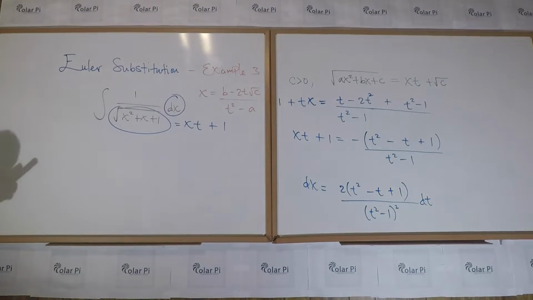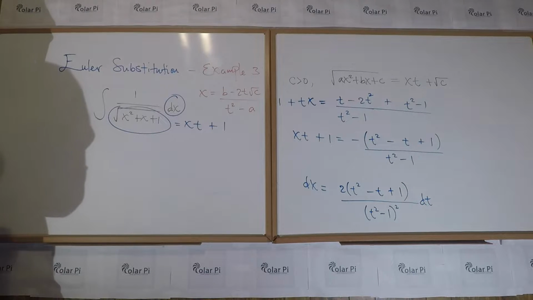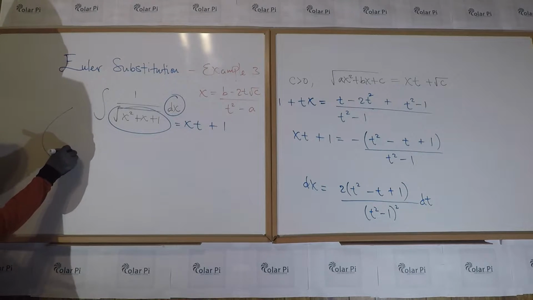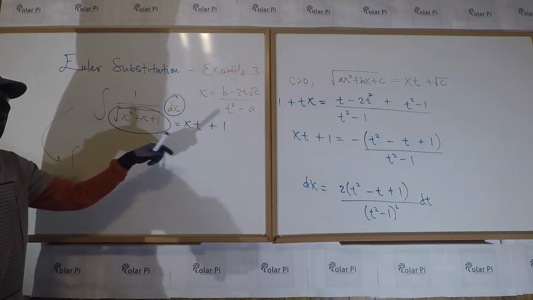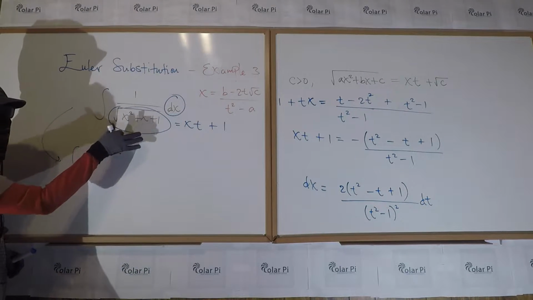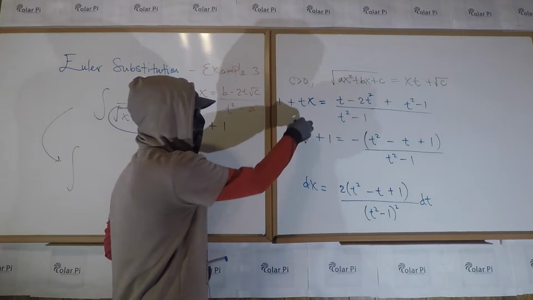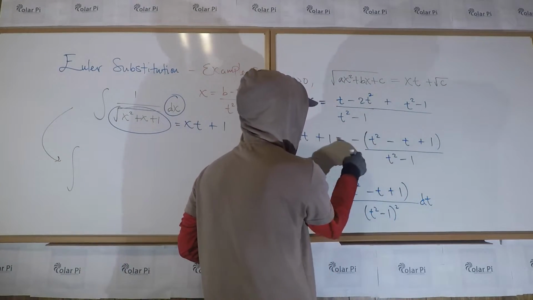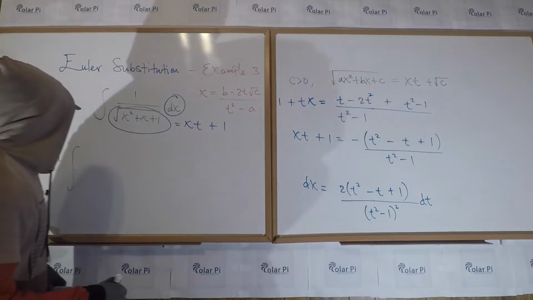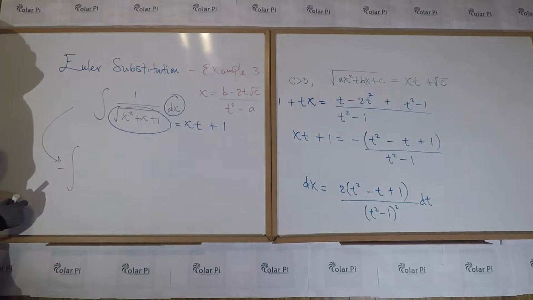Okay, cool. So we are now ready to rewrite our integral all in terms of t. First, 1 divided by xt plus 1, which is 1 divided by the square root quantity, will be the reciprocal of this. So I'll take the negative and write it in front of the integral.